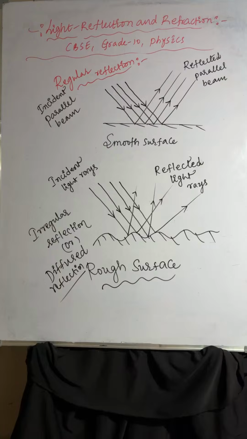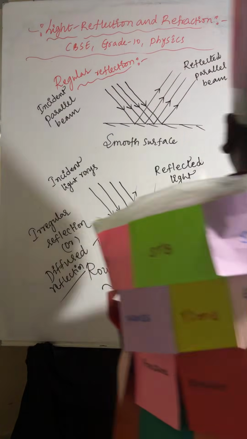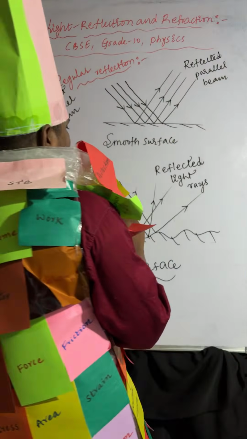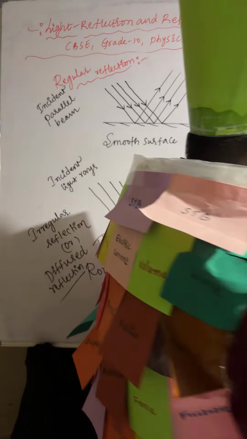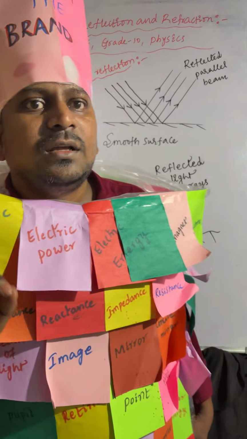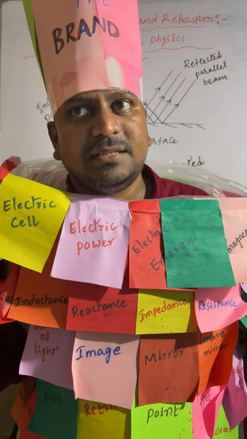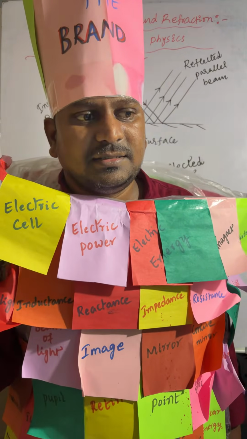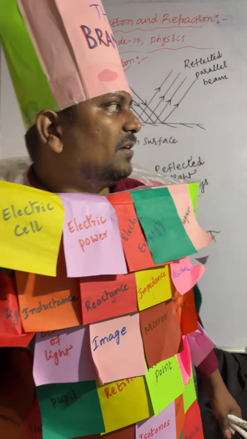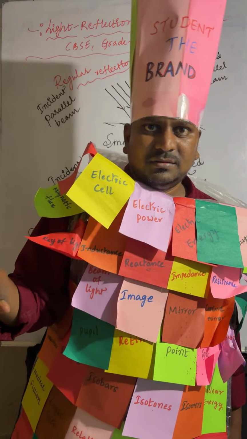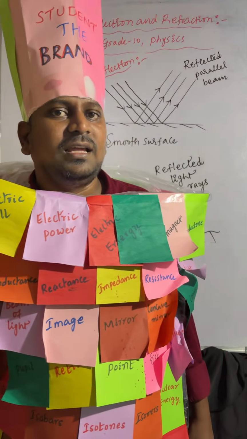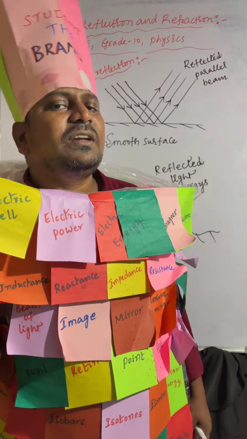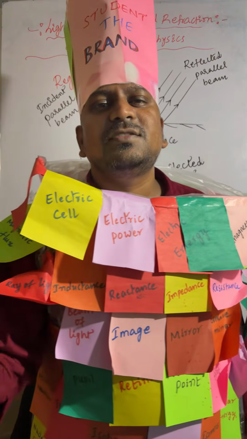So this is about regular and irregular reflection. Coming to the object and image, related to this there is one question. A wall reflects light rays and a plane mirror also reflects light rays.